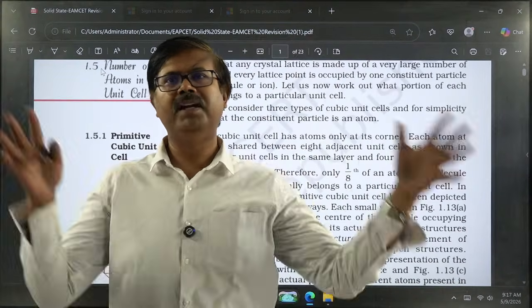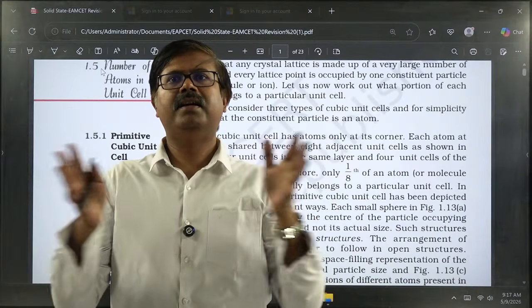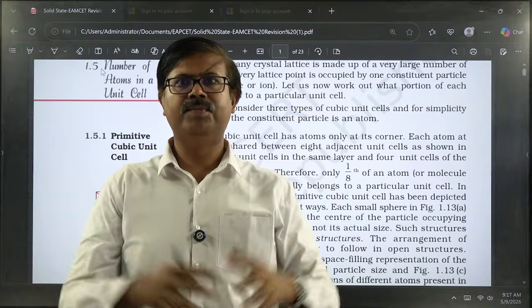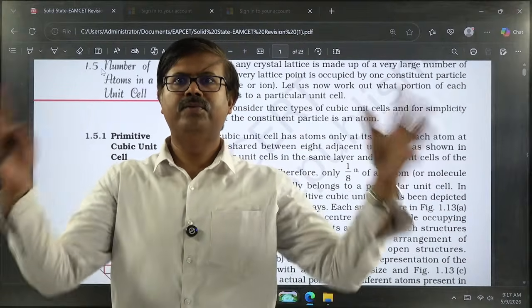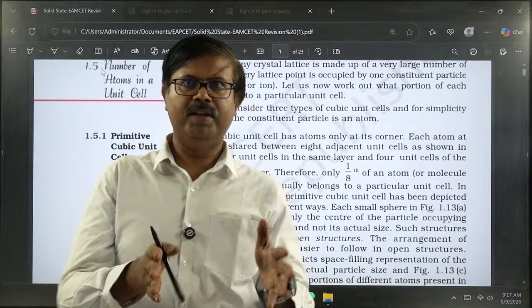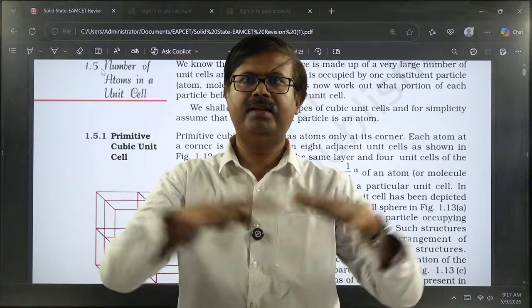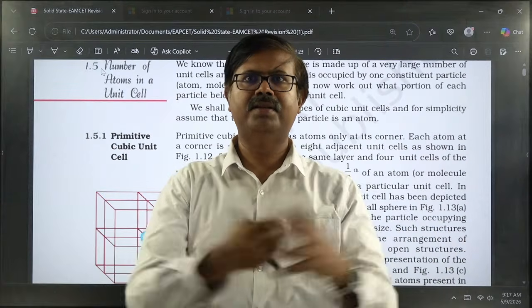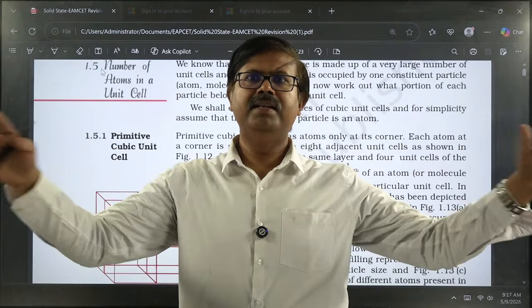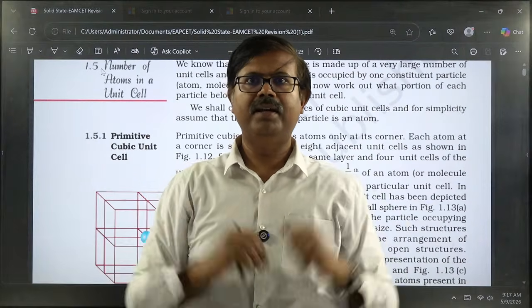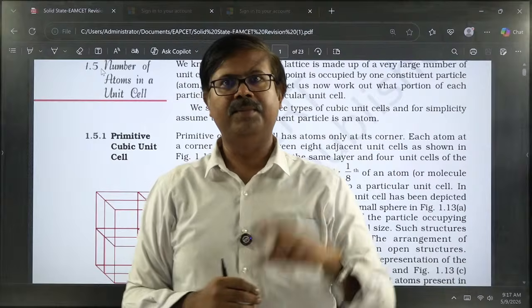Suppose there is a big building, and in that, many rooms are very orderly arranged. There is a room here, a left side room, right side room, back, front, up, down. Imagine rooms in all directions. So a building is packed with several rooms, and this total building is called the crystal lattice in terms of solid state.